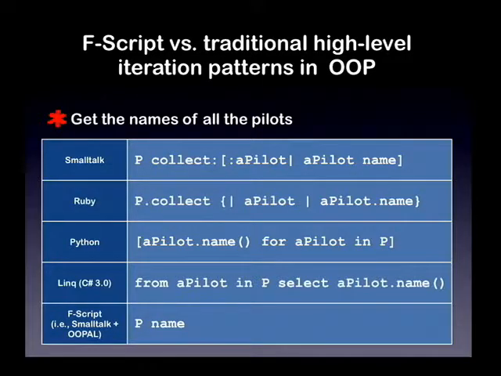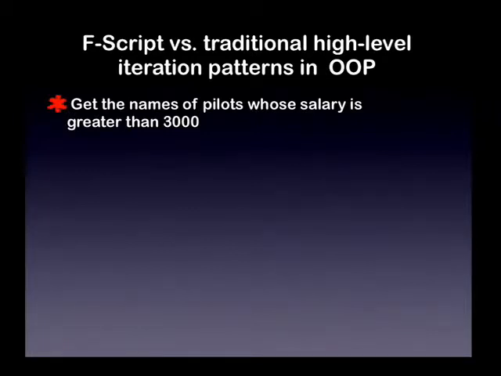The big difference here is that here we are thinking and dealing with one object at a time, whereas here we are dealing with the whole collection at once. The last example, something a little bit more complex: get the names of the pilots whose salary is greater than 3,000.